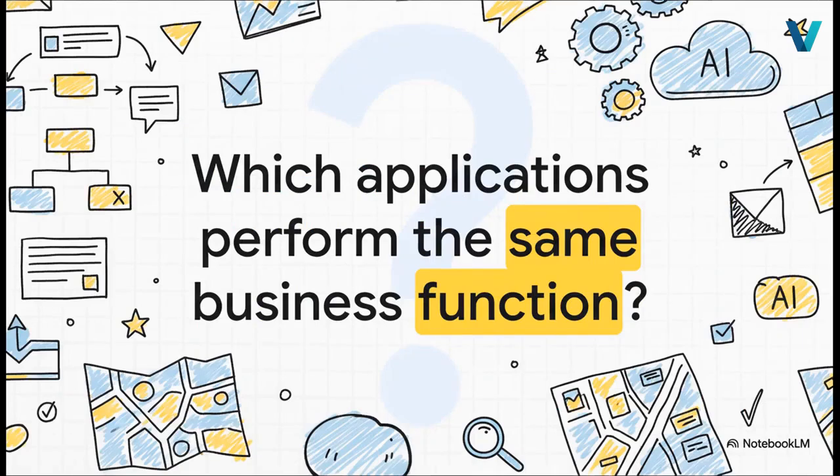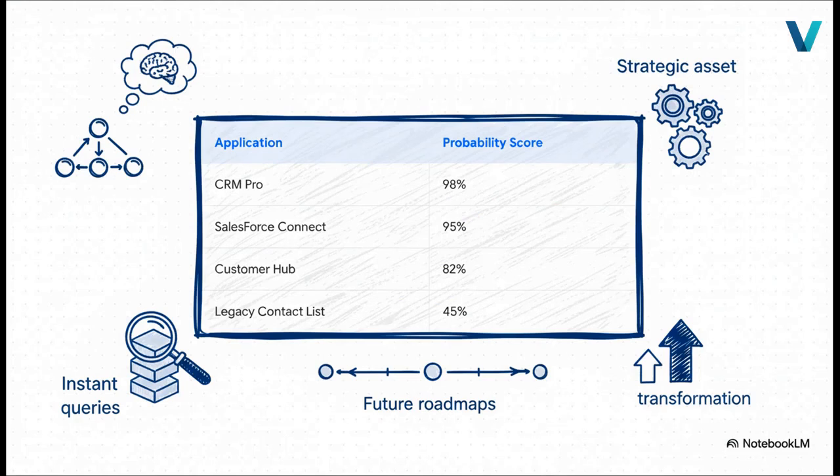This is a classic problem for every enterprise architect. Over the years, companies just collect applications. You end up with multiple apps that do basically the same thing. This creates waste, complexity, and even security risks. So how on earth do you find them all? This is where the functional rationalization tool comes in, and it's a game changer.